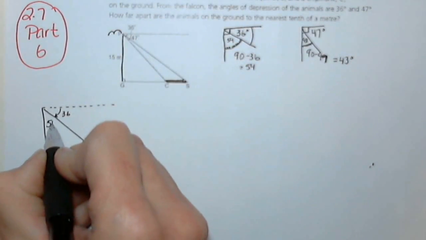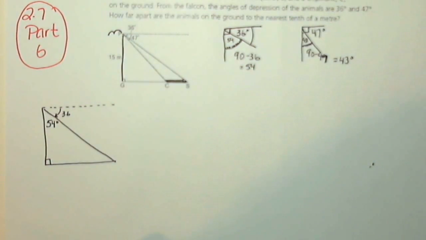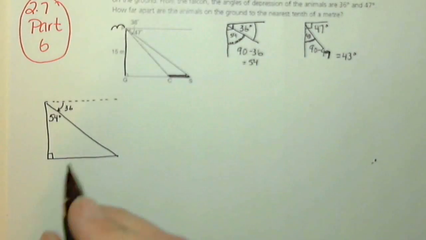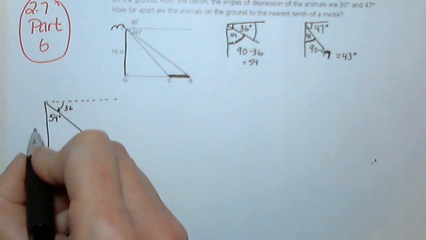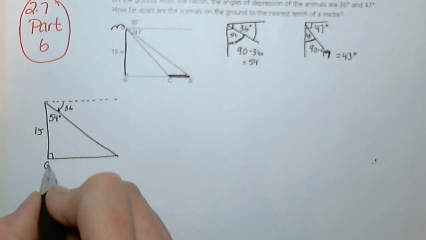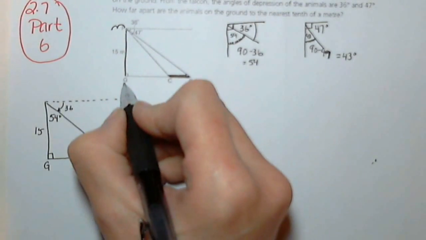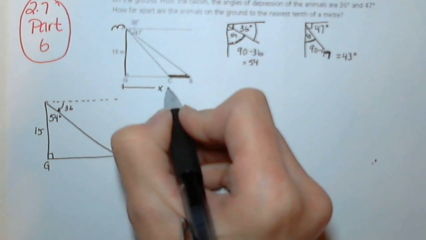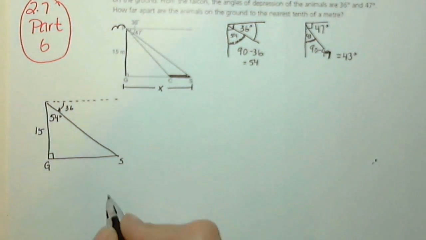So I'm going to go with this 54 degree angle in my triangle, and the 36 is really just going to get ignored for now. What I know though is that the falcon was 15 meters above the ground. And this bottom line is GS, just so you know. And so that GS, I'm going to call it X, and it goes all the way to there.